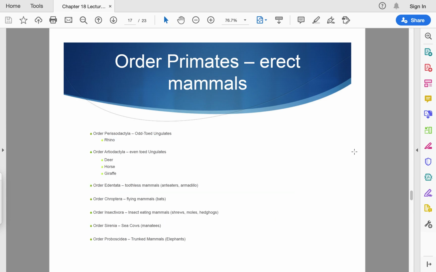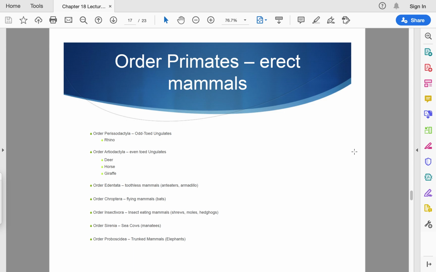Quickly moving to other orders, the odd-toed ungulates, like rhinos, the even-toed ungulates, like deer, horse, giraffe. And then toothless mammals, anteaters, armadillo, flying mammals, bats, insect-eating mammals, shrews, moles, and hedgehogs, sea cows, manatees, and the trunk mammals, elephants.